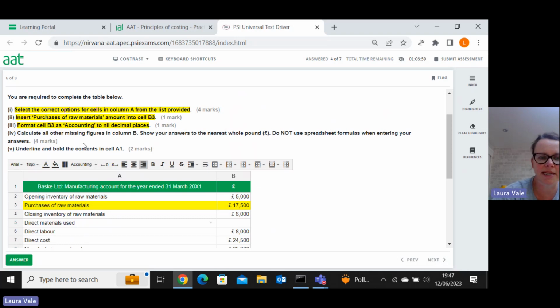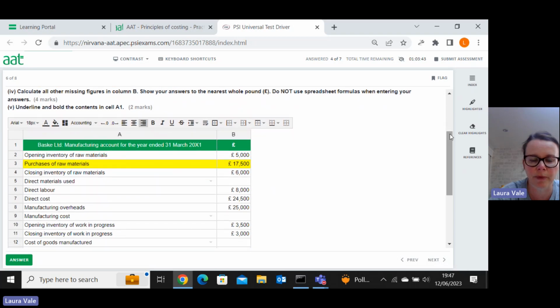Calculate all other missing figures in column B. So when it says calculate, you literally calculate them and put them in. And it even confirms that here. Do not use spreadsheet formulas when entering your answers. And we're showing answers to the nearest whole pound.